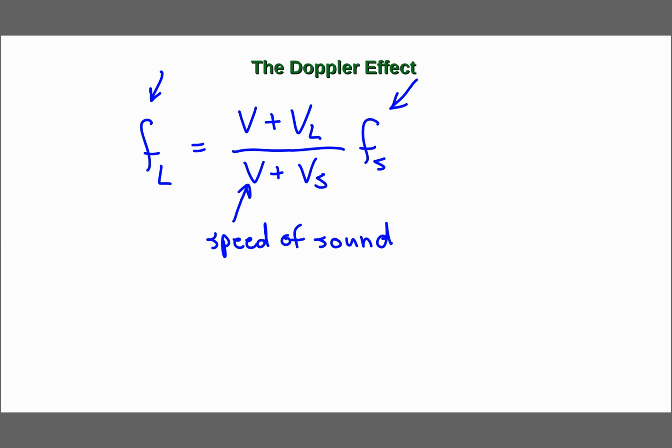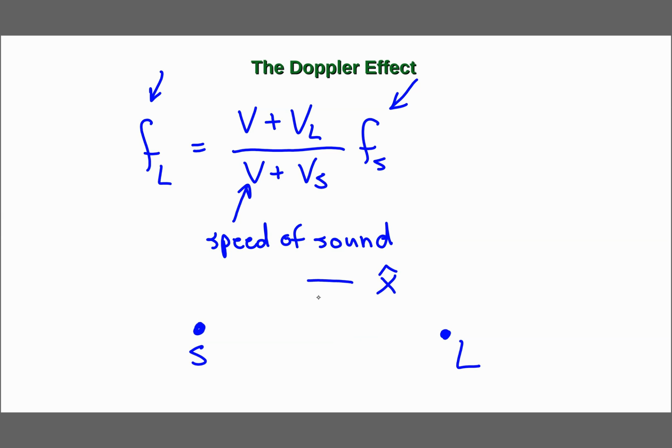And then in this formula, in the derivation of it, it's assumed that the positive direction is from the listener to the source. So if I have the listener here and the source here, this is x hat, okay?